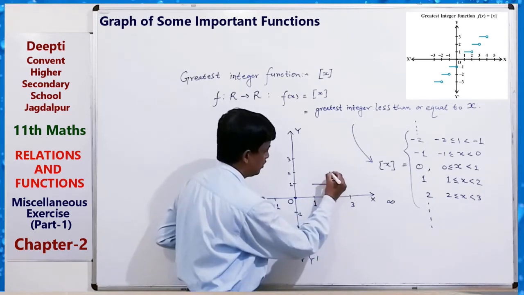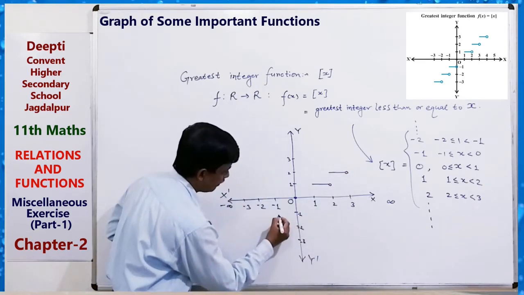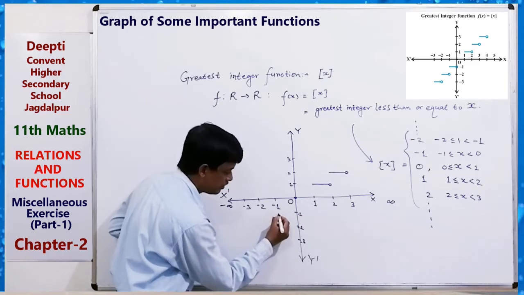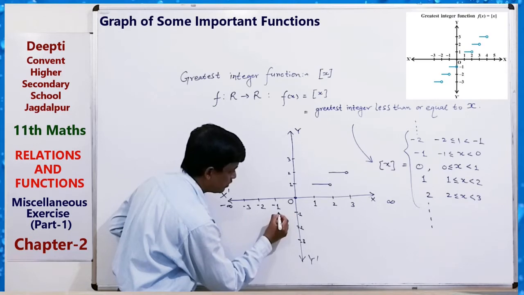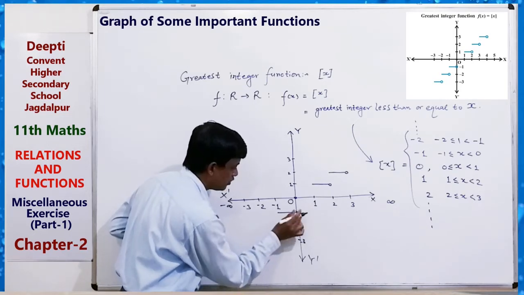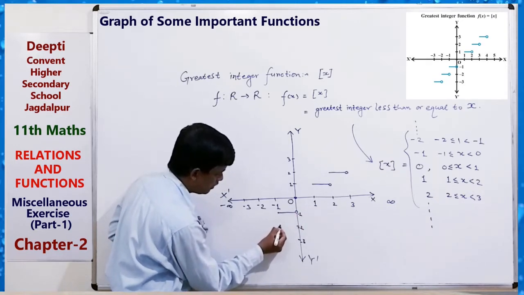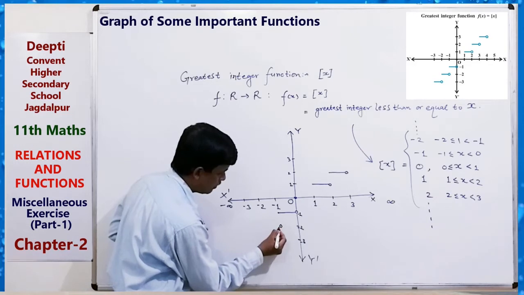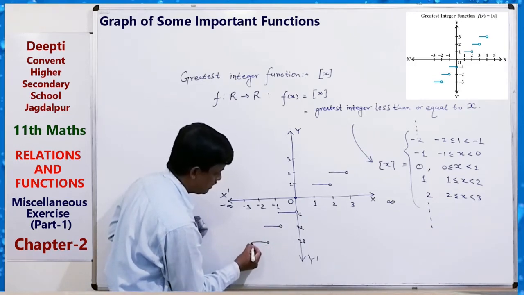Here 2, here -1. So -1. So this here -2, here -3.